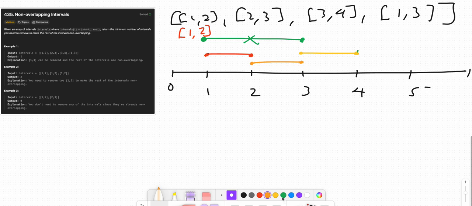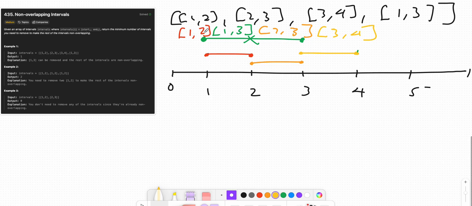So let's get the green one, that is 1 to 3. And then the next one will be 2 to 3. And then the last one will be 3 to 4.